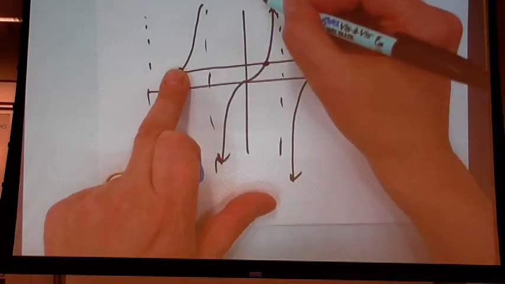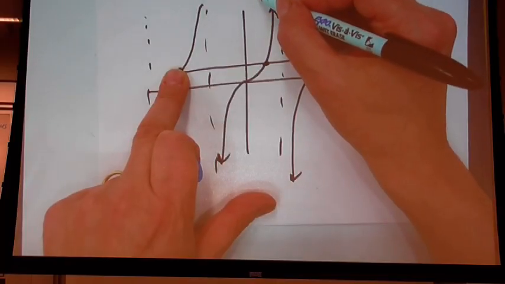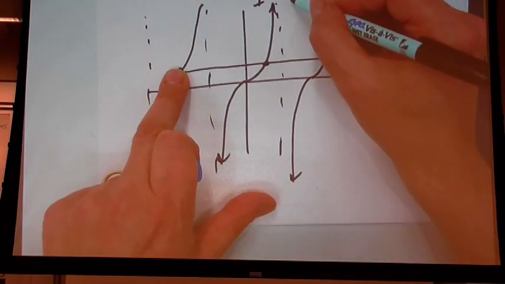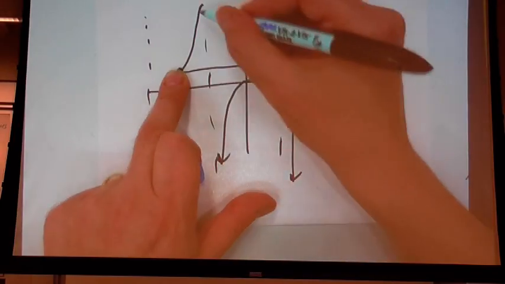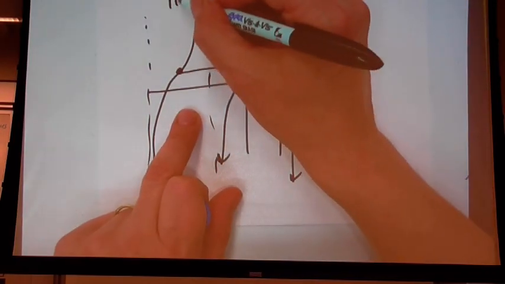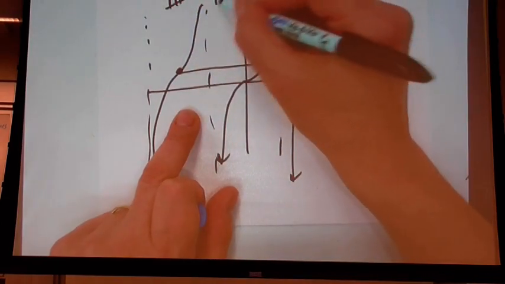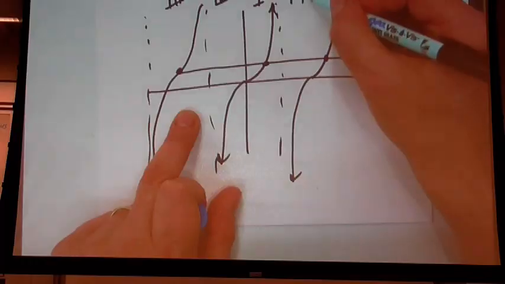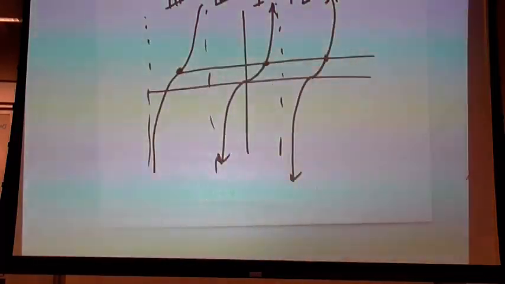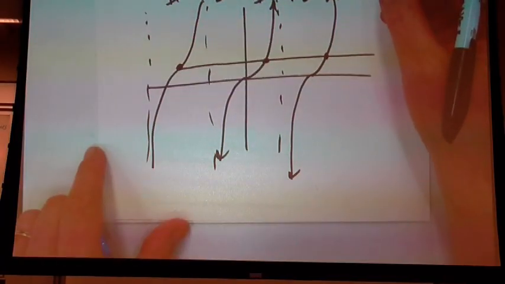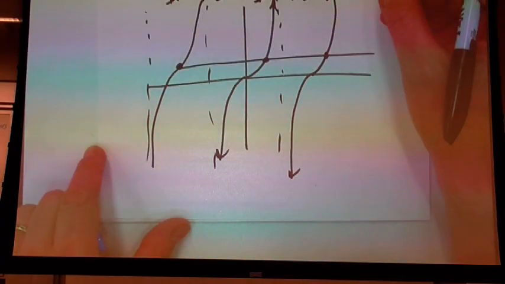Let me just draw this. This is the first quadrant, and then this would be the third quadrant. And this would be the fourth, and this would be the second. Except they repeat, right?